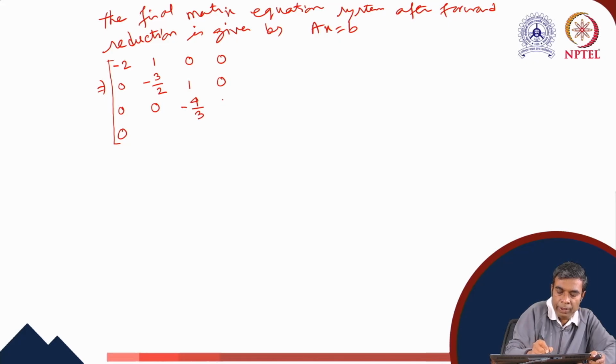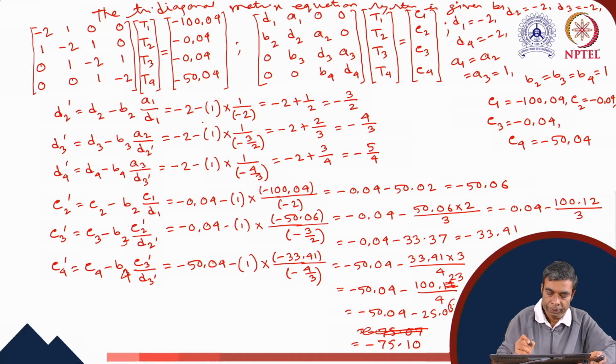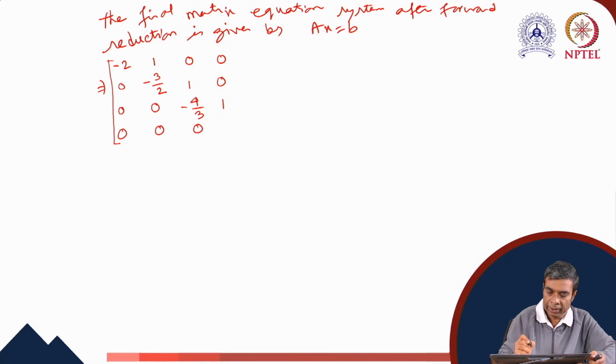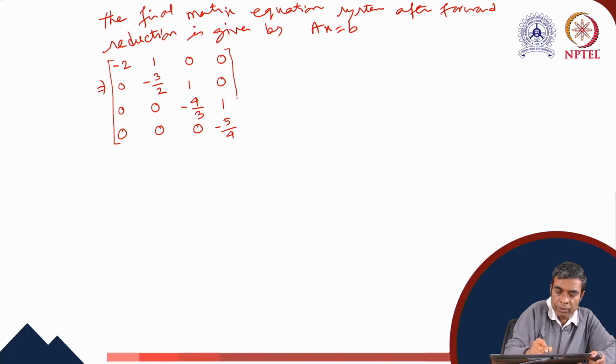The corresponding super diagonal term is 1. And finally our d4 dash was minus 5 by 4, into T1, T2, T3, T4.